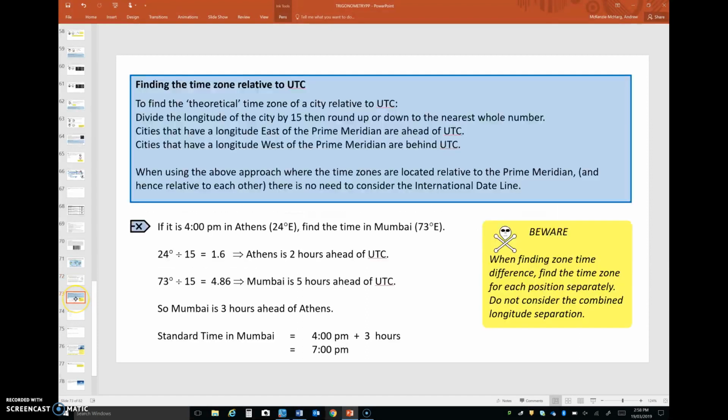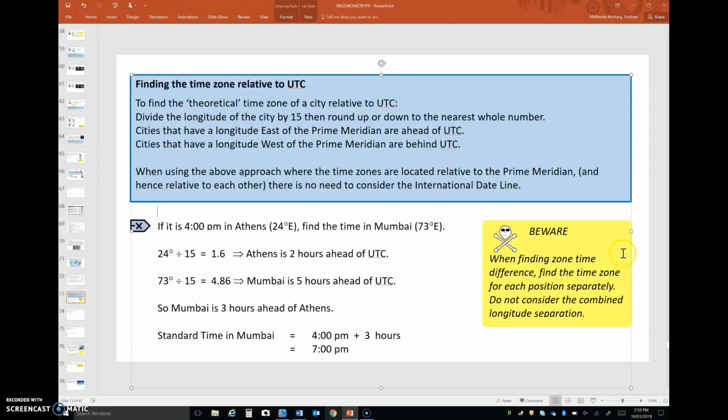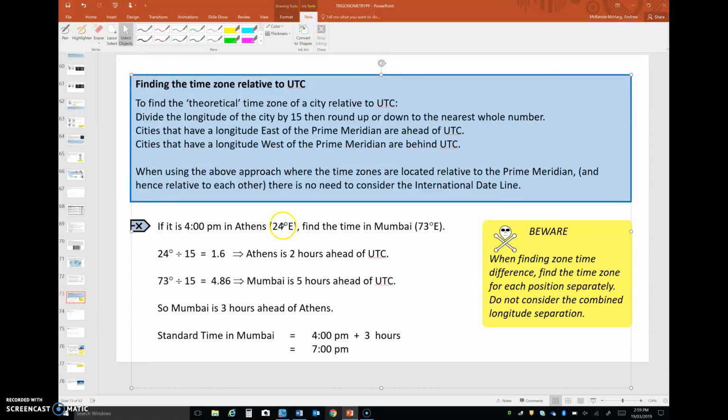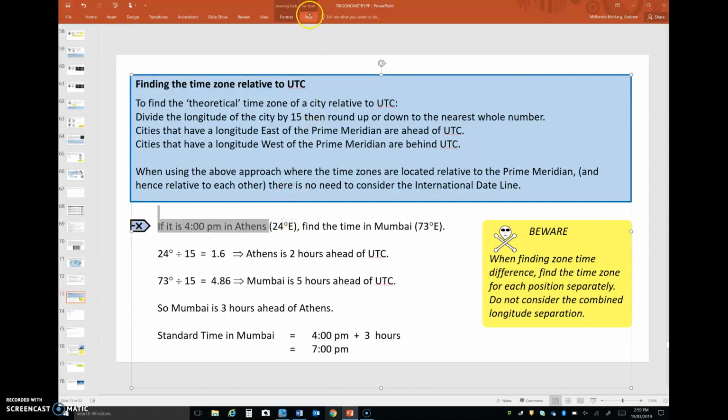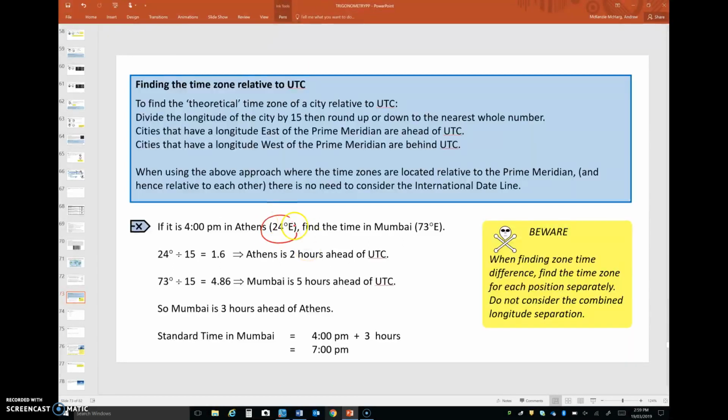So to calculate the time zone for a particular place, we take its longitude, like here with Athens. We've taken the longitude of Athens, 24 degrees east, and divided that by 15. Now, why do we divide by 15? Well, how many degrees are there all the way once around the Earth?